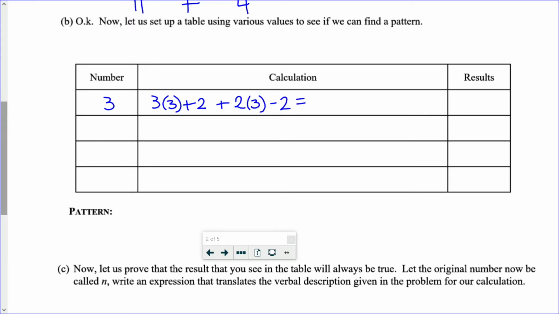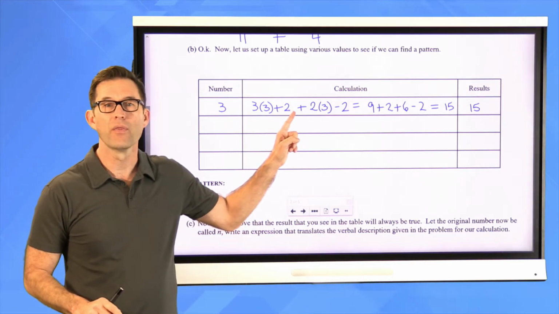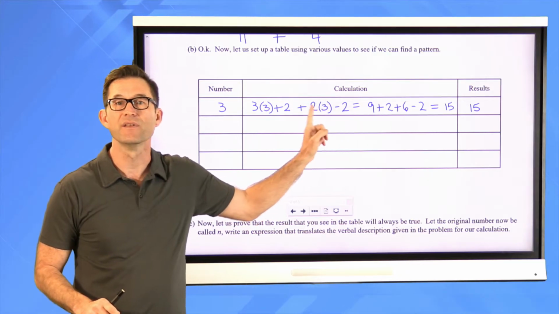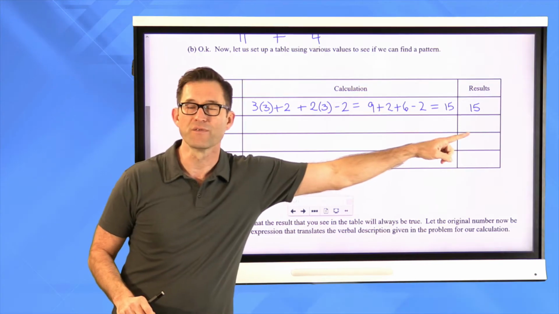That gave us 9 plus 2 plus 6 minus 2, and that ultimately gave us 9 and 2 is 11, plus 6 is 17, minus 2 was 15, right? So keep in mind, we had 2 more than 3 times the number plus 2 less than 2 times the number, and when our number was 3, our result was 15.